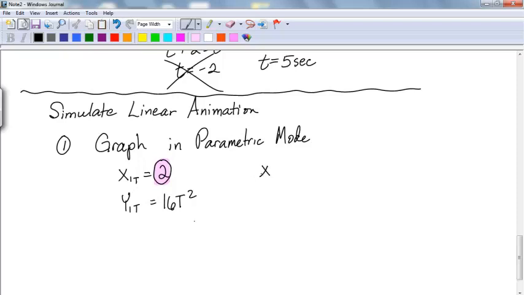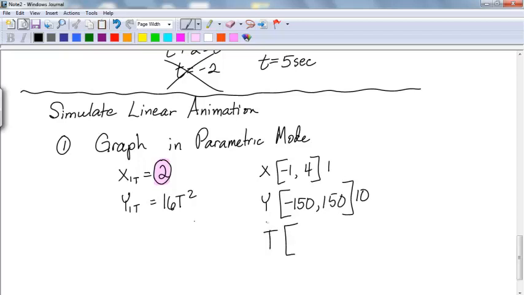So for my window, I'm going to choose negative 1 to 4 and scale 1. For my y, I'm going to do negative 150 to 150, and scale 10. And for the t, let's say we're going to do the animation for about 3 seconds. So let's go 0 to 3, and 0.1 for t.